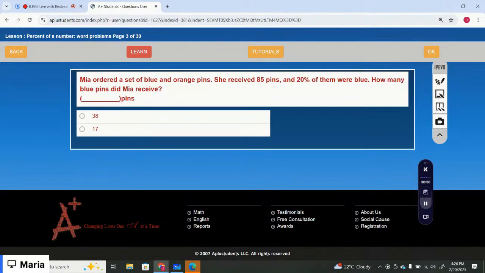Mia ordered a set of blue and orange pens. She received 85 pens and 20% of them were blue. How many blue pens did Mia receive?